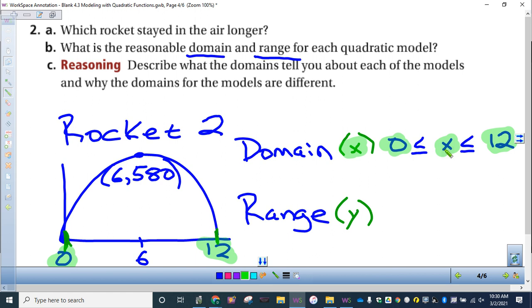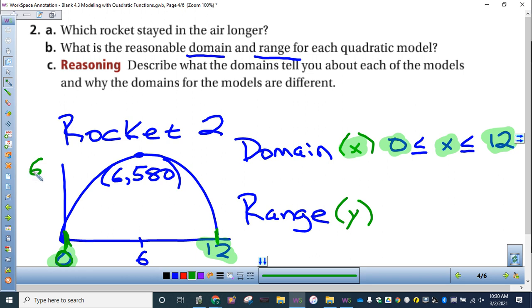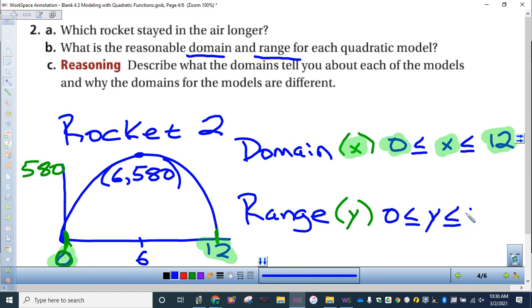So if I do range, I start at 0 again, it goes up to 580. I'm following the same exact pattern in writing the range. 0 on the left, 580 on the right. This time it's a y in the middle. So 0 less than or equal to y, less than or equal to 580.